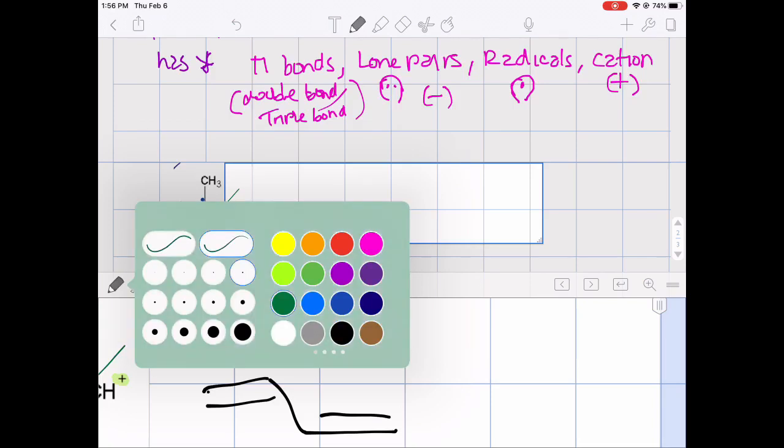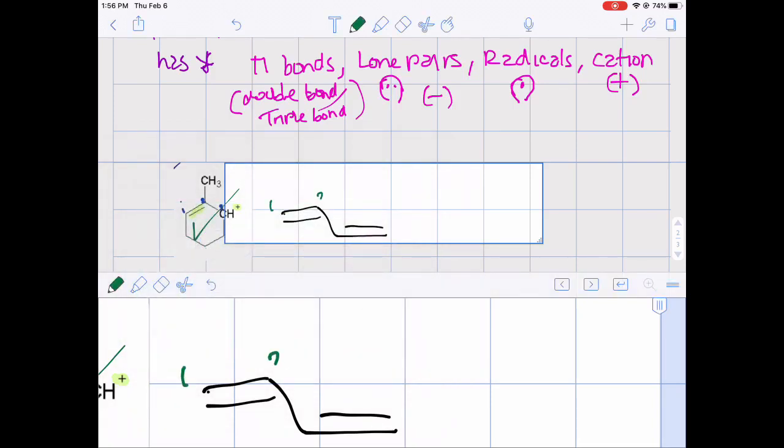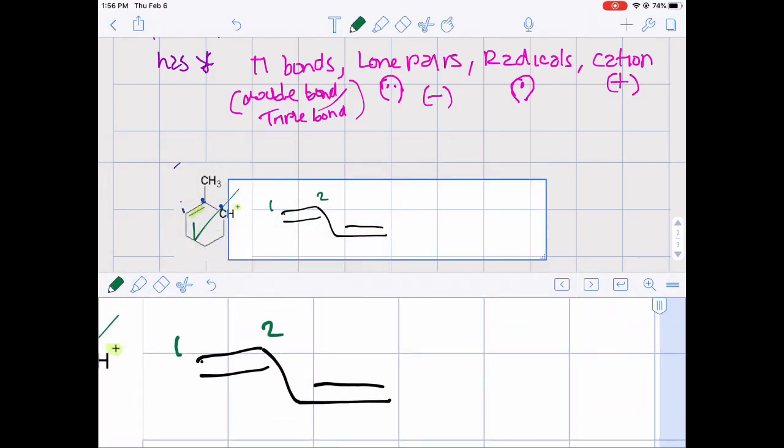So you have 1, 2, 3, 4. On this 4 carbon, you have a pi bond, and they are one carbon away from each other. So this is able to also experience conjugation.